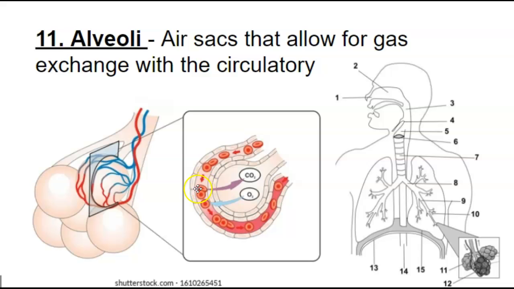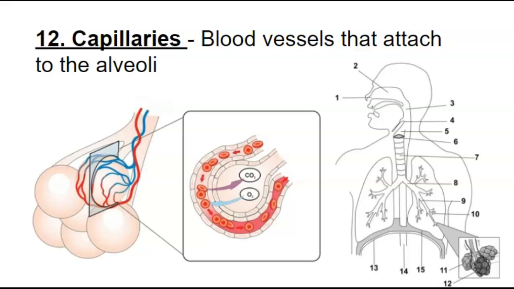And on the way, in these little sacs, they pick up the CO2 that your blood cells drop off, and then you breathe it out. So capillaries, the little tiny blood vessels that attach to the alveoli.